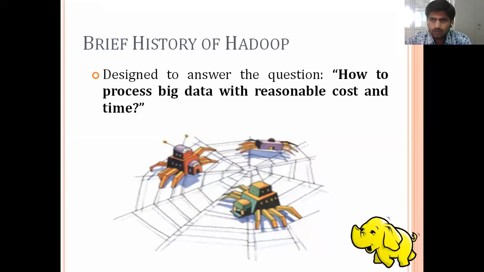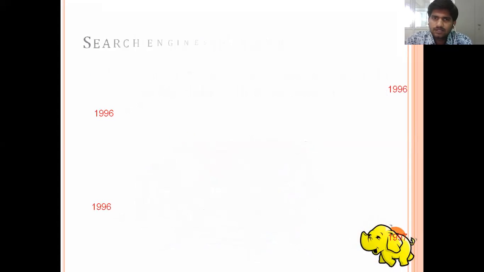If the amount of data is increasing, how are we going to process that big data with a reasonable cost and time? That means cost will be less and time will be less. So how are we going to do this? That is the ultimate aim.